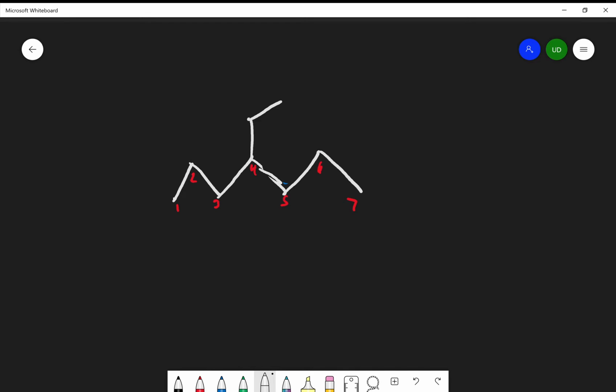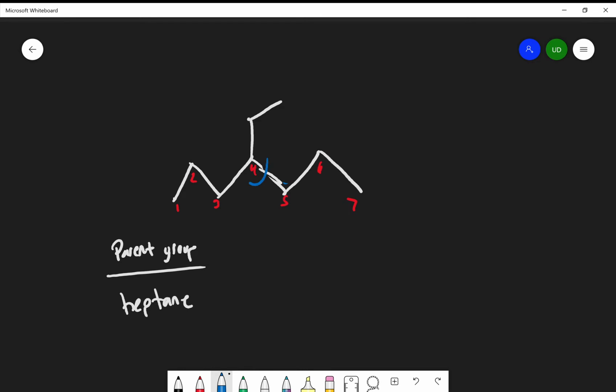So there's 7 carbons present, that means the parent group would be heptane. Okay, now we've got to figure out the substituent name.